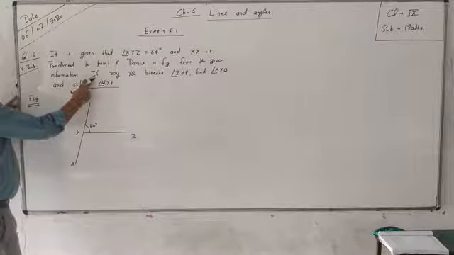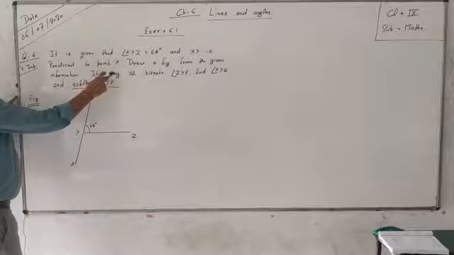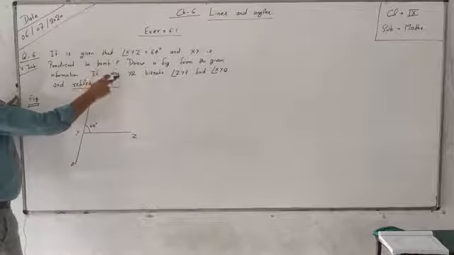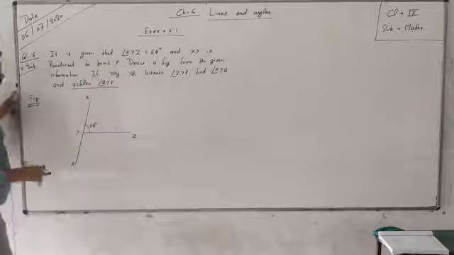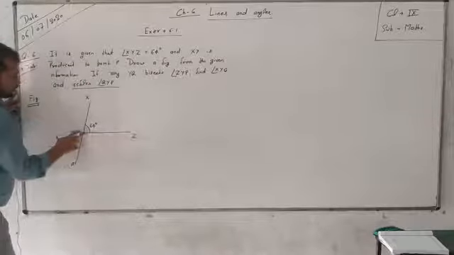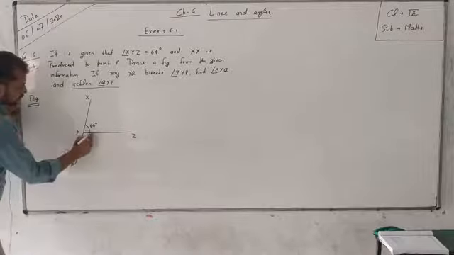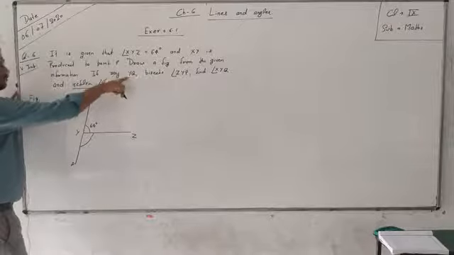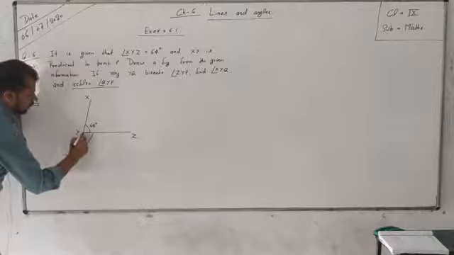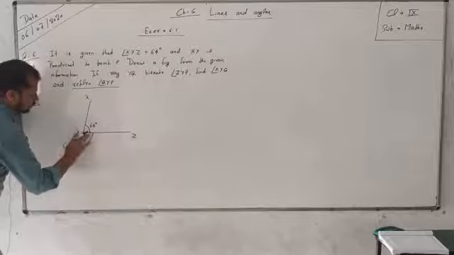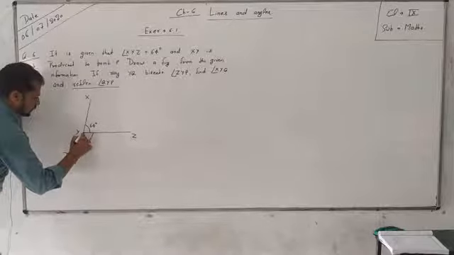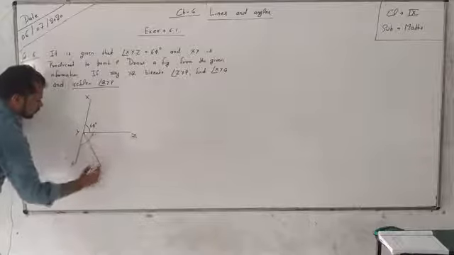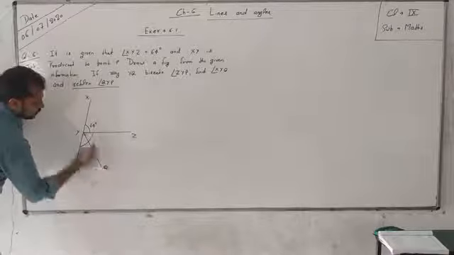If ray YQ bisects angle ZYP. Where is your angle ZYP? This is the angle. And which ray bisects it? YQ. From Y, one ray is standing, YQ.